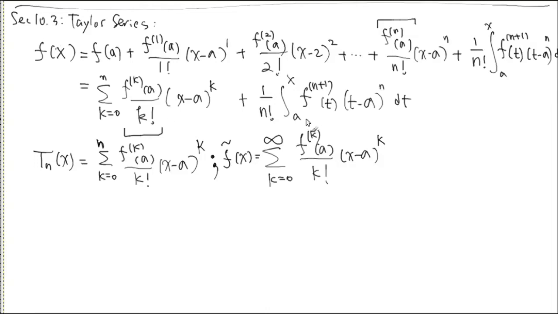If we can guarantee that this integral part, the remainder, approaches 0, then f tilde and f of x will be equal to each other. That's what we want, but it's under the condition that this term becomes negligible as n approaches infinity. That sometimes doesn't happen. The functions for which the remainder doesn't go to 0 are not really crazy. It's just right around the corner.